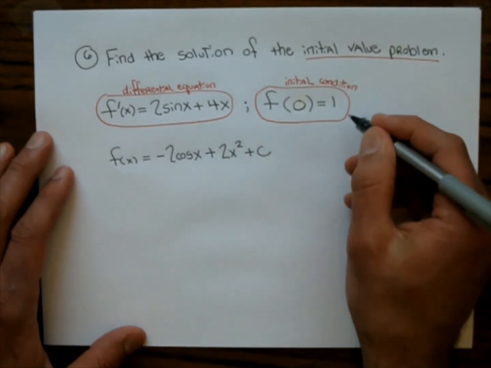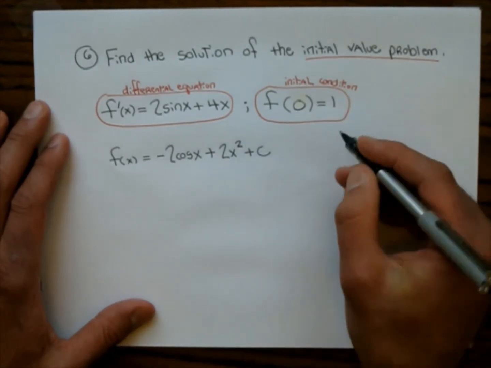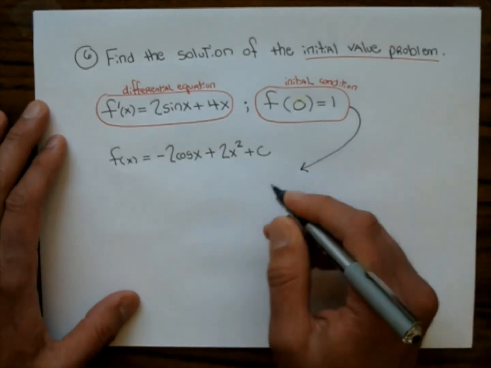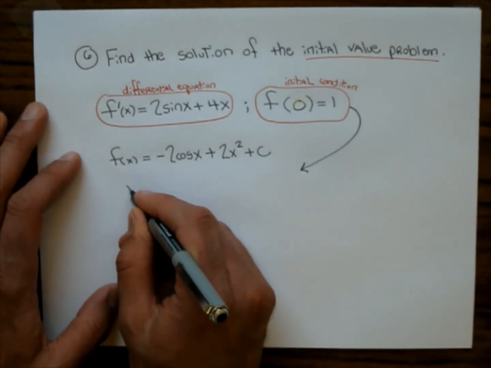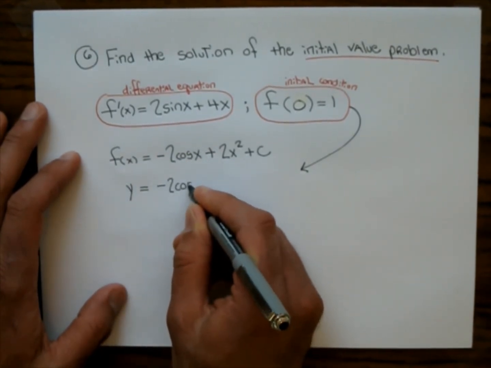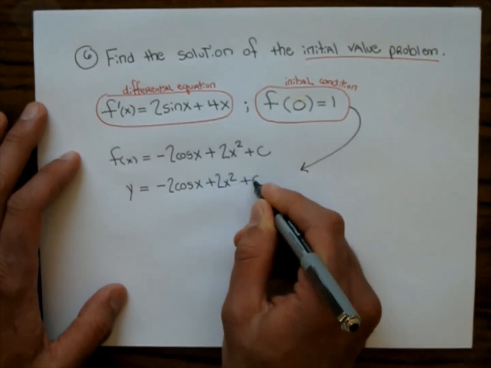Okay, so now what we want to do is this initial condition, f of 0 equals 1. We're going to plug that in there. So remember, f of x is really just y. This equals negative 2 cosine x plus 2x squared plus c.